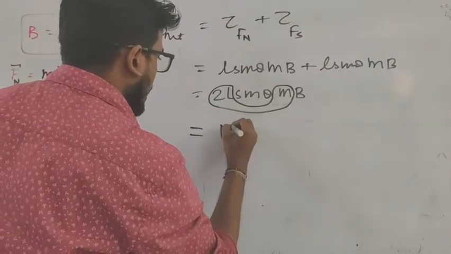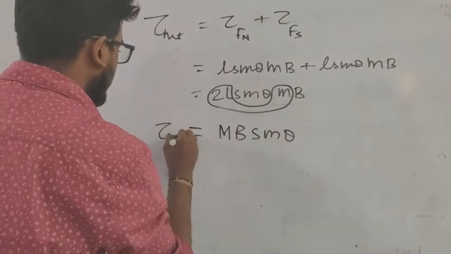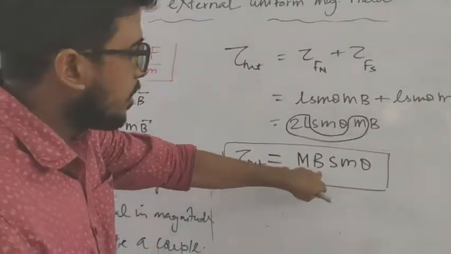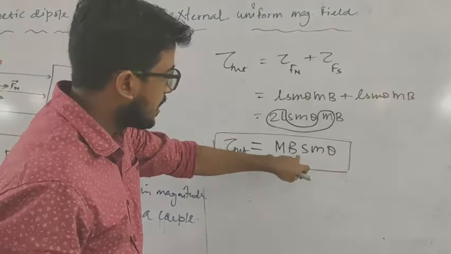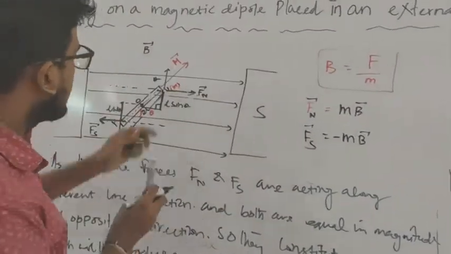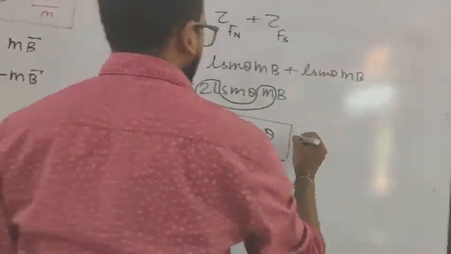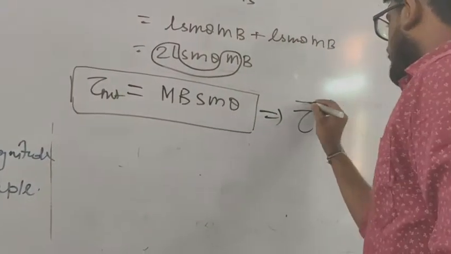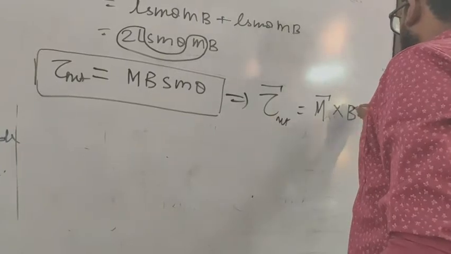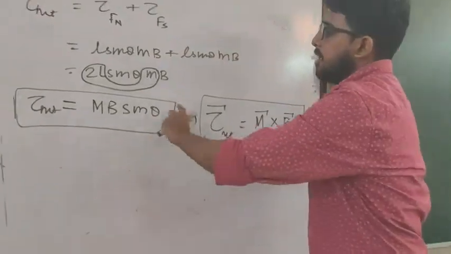So it will become capital M B sin theta equal to the tau net acting on the magnetic dipole, which is placed in a uniform magnetic field of strength B, and theta is the angle between the magnetic dipole moment and the external magnetic field. In vector form, this can be written as tau net equals M cross B, where M and B are vectors. Clear?